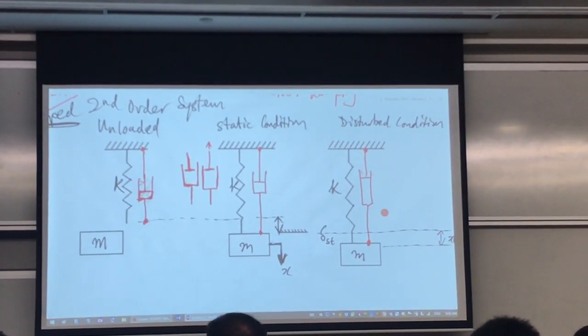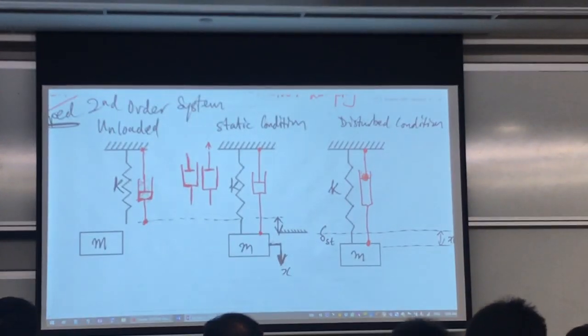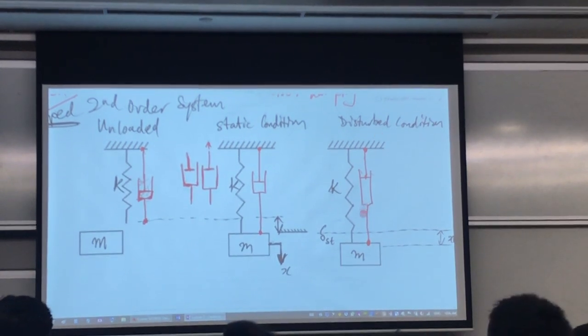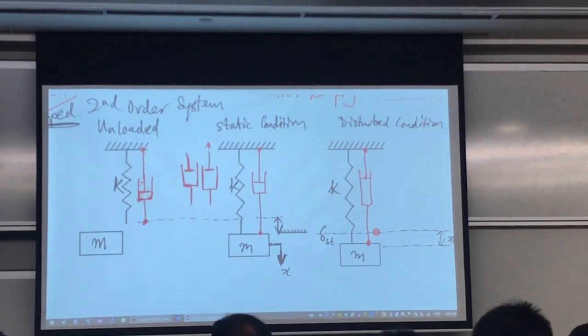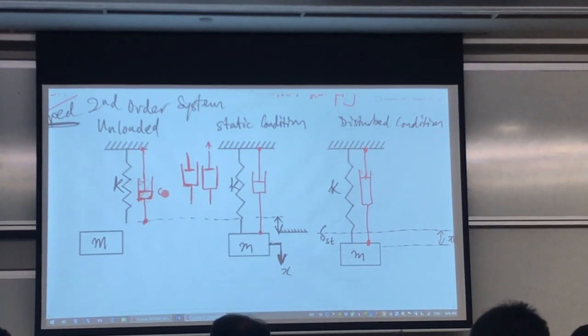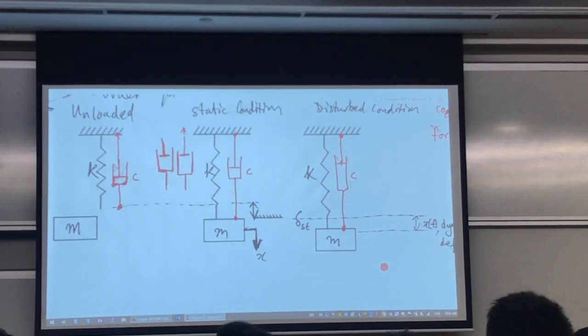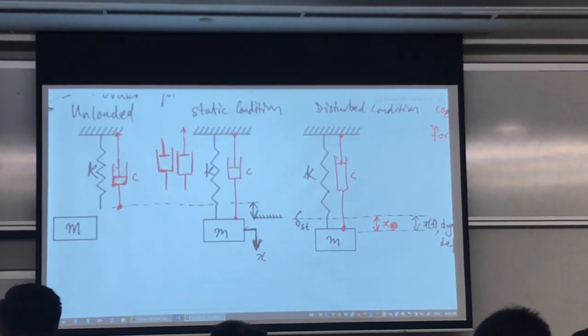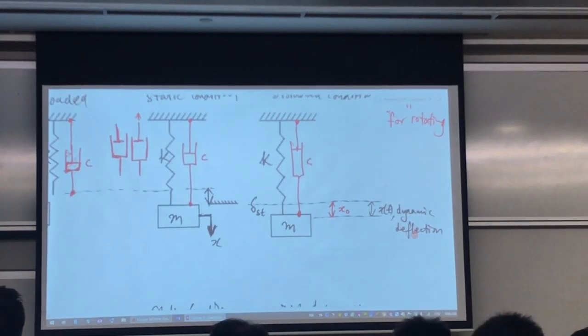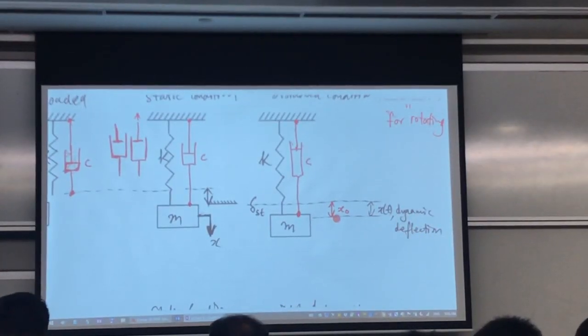It's not really sketched to scale, but you get the essence of it as you have the dynamics or the disturbed condition, and the damper will be pulled down. The damping coefficient, C, will be the same for all these various cases. And that amount that has been displaced, we were saying that is equal to x naught. We used to call it the dynamic deflection, but it has a maximum value as you pull it down, and you release it, and then you oscillate.